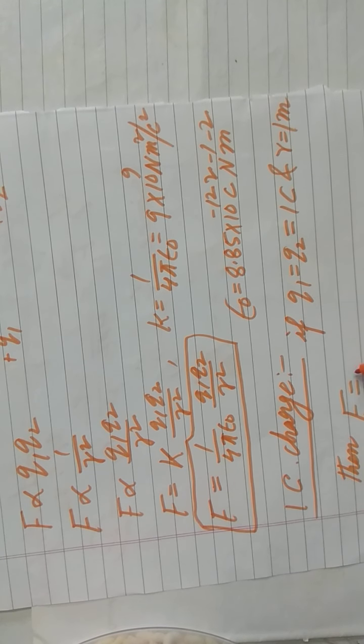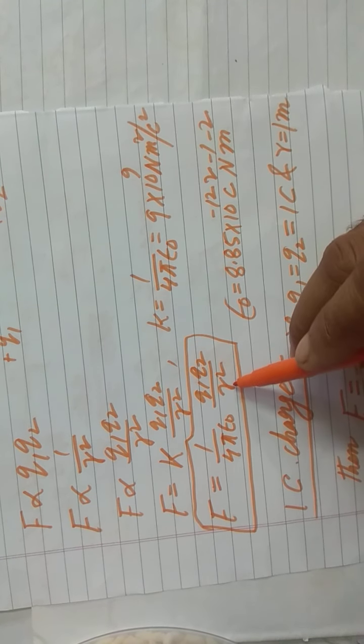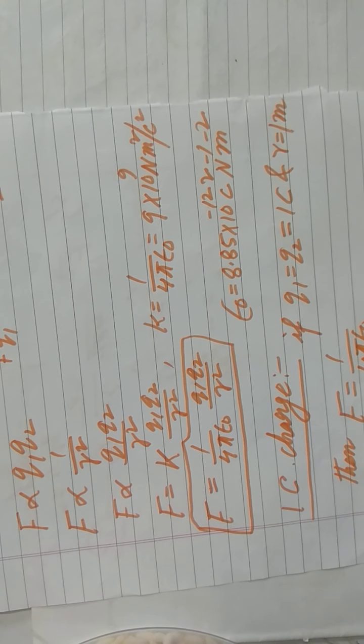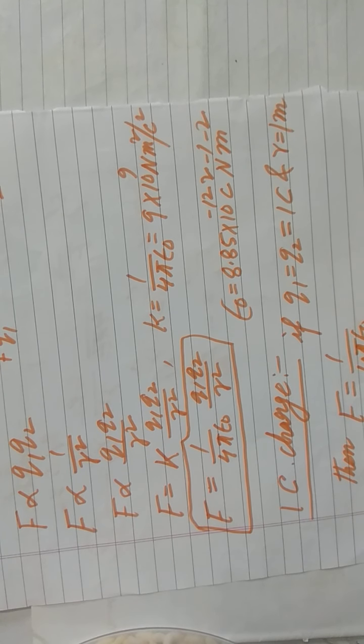F will be equal to 1 by 4 pi epsilon naught. Because Q1 is 1, Q2 is 1, and R also 1, so this will become only 1. So F equal to 1 by 4 pi epsilon naught.